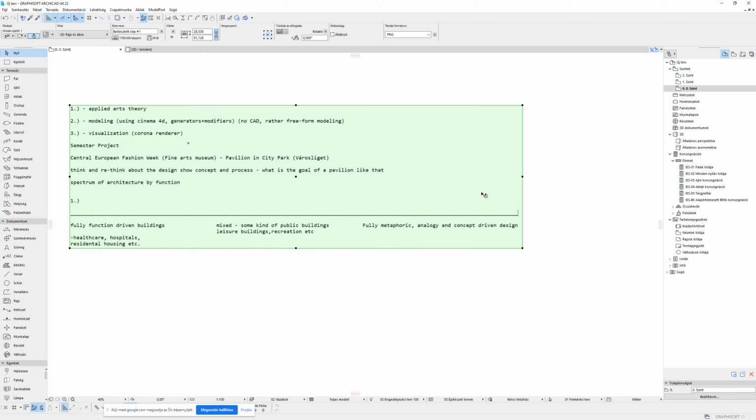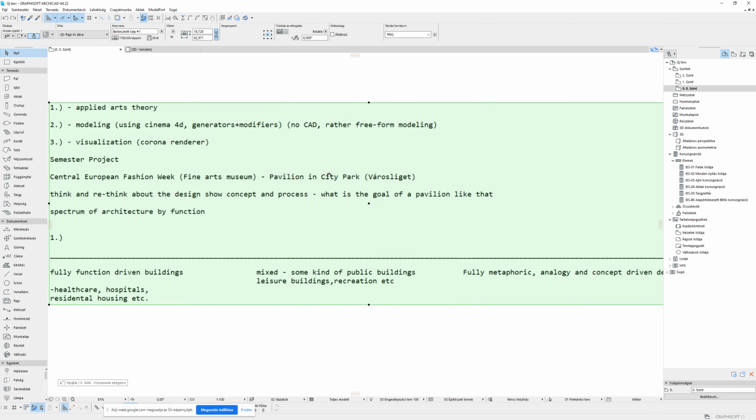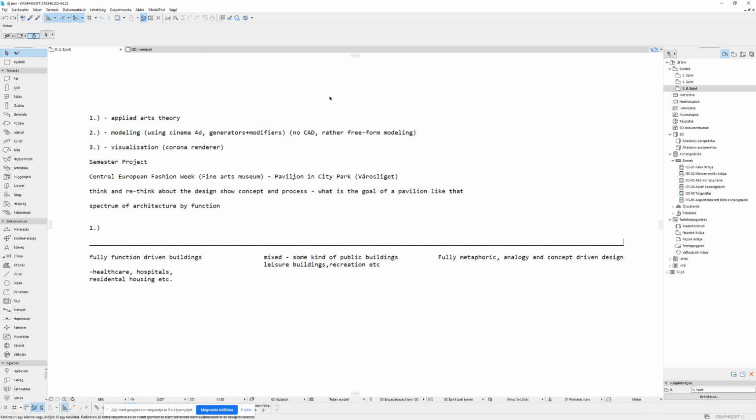Everything which can be related to a legacy or past in every country, in every city, even in little villages, there is some kind of non-functional, mainly spiritually driven, or conceptually driven building, right?